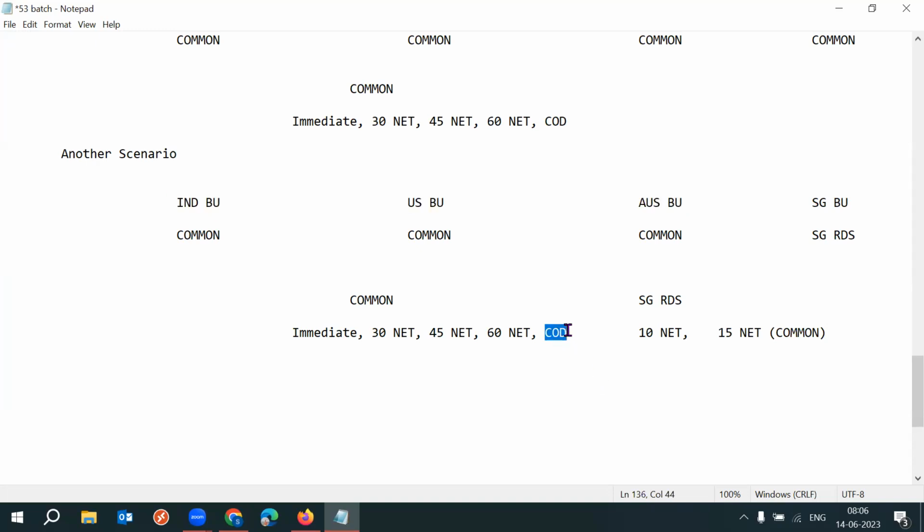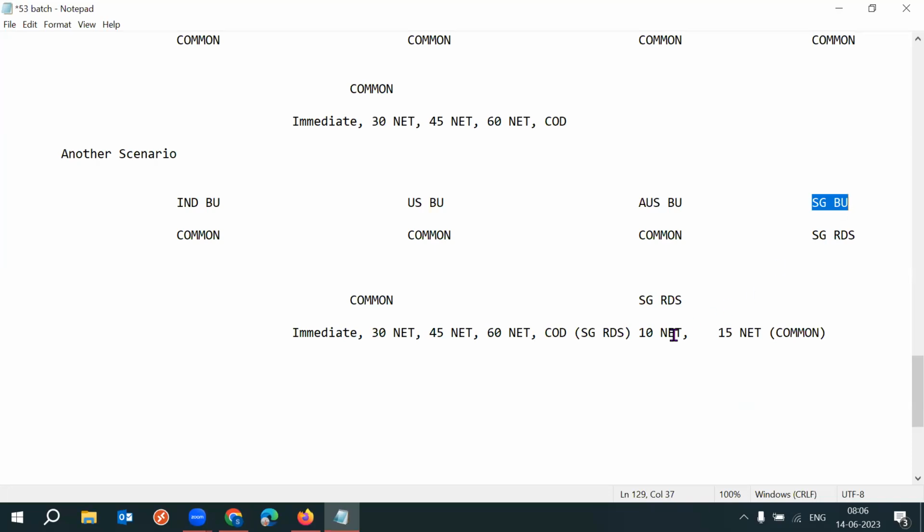Suppose cash on delivery, you want this to be accessed by Singapore BU. Just cash on delivery, you assign to the Singapore reference data set. That means the Singapore BU right now is going to access how many payment terms?